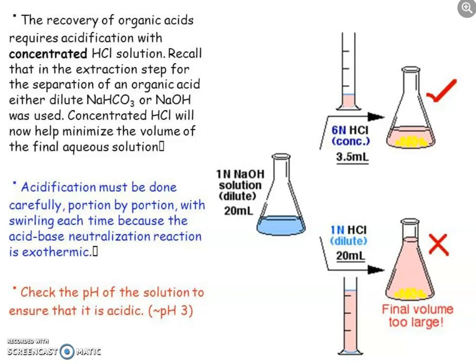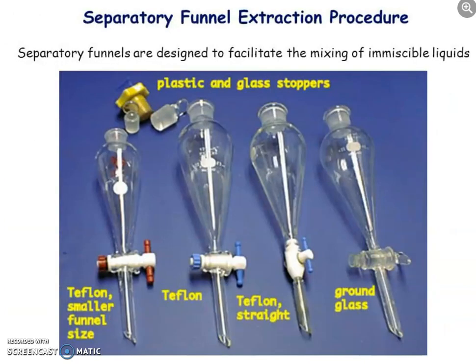Acidification must be done carefully, portion by portion, with swirling each time because the acid-base neutralization reaction is exothermic. Check the pH of the solution to ensure that it is acidic, pH 3. So 1 M NaOH solution dilute 20 ml, then add 6 M HCl concentrated 3.5 ml. Do not add much more solvent, otherwise the final volume is too large.